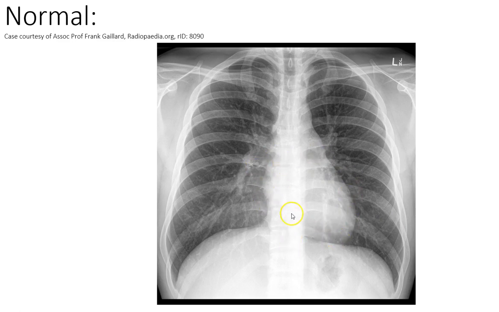The next thing I look at is I look at the trachea. And I'm looking to see it down to the bifurcation into the two main bronchi. I should only be able to follow it to the bifurcation into the two main bronchi. It should be nice and straight and central, not kinked to one side. And if I can follow it further, which actually in this normal film I can, I shouldn't be able to see that.